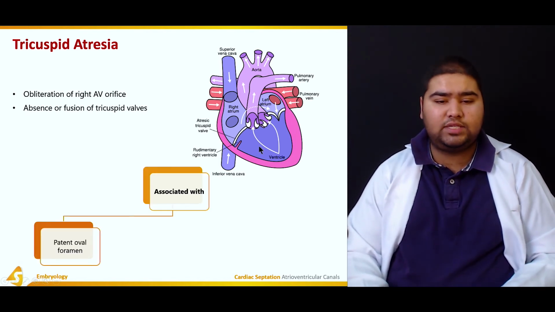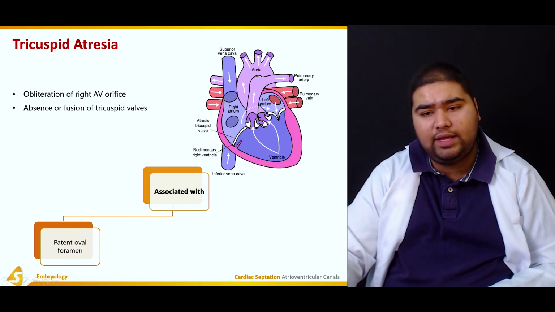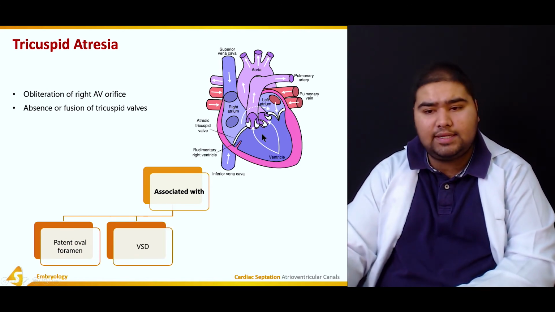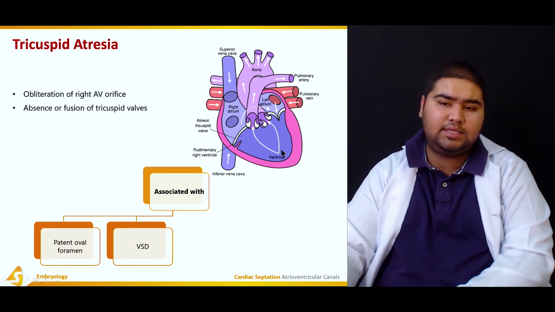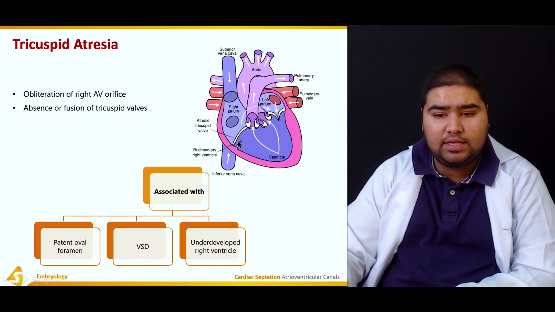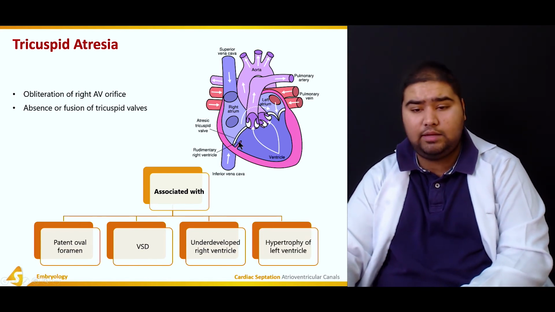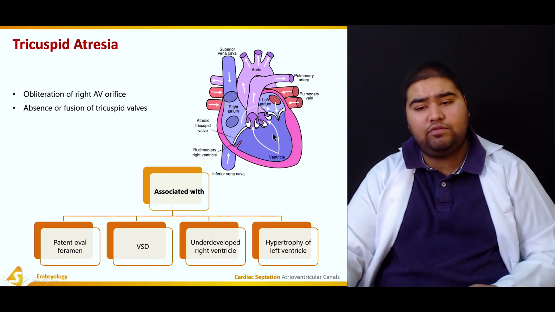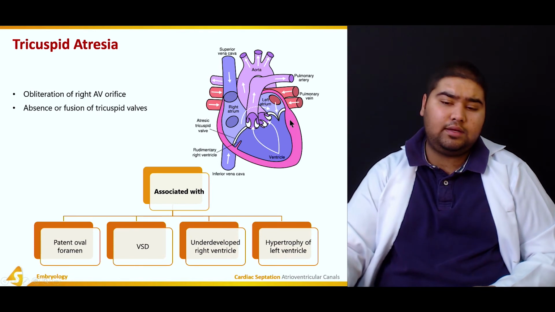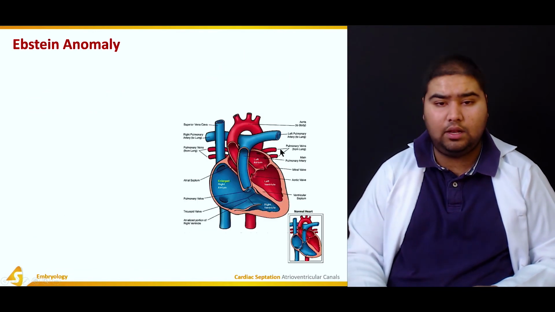It is associated with a patent foramen ovale. So the foramen ovale is patent. We have a ventricular septal defect. A large ventricular septal defect can be seen in the figure. We have an underdeveloped right ventricle. This area is the right ventricle. It is rudimentary or highly underdeveloped. And we have a hypertrophic left ventricle. Here you can see the huge hypertrophic left ventricle.